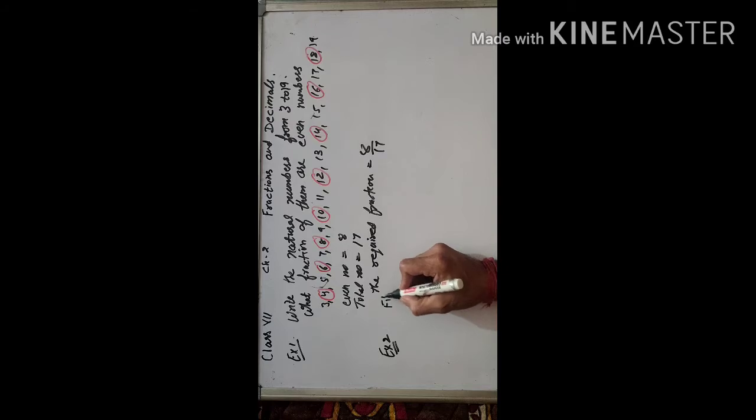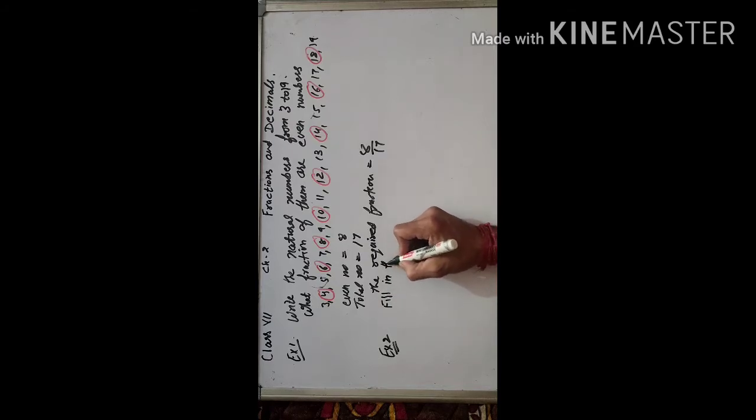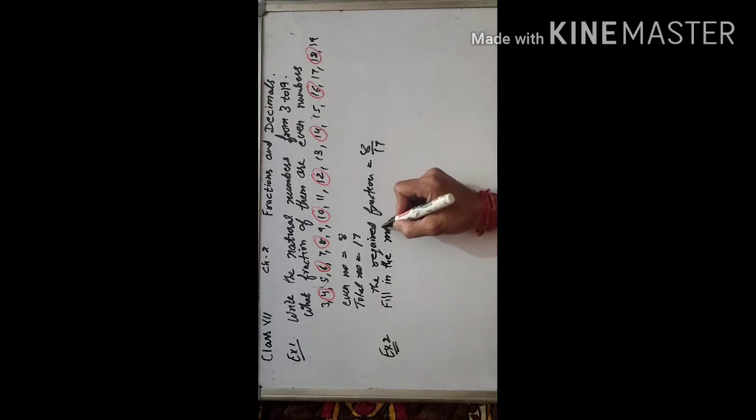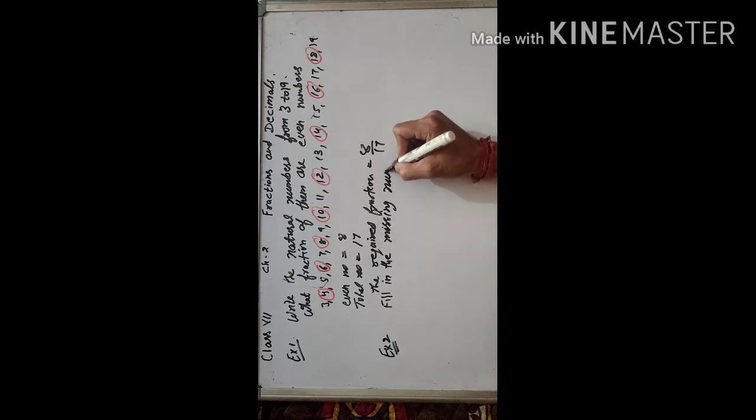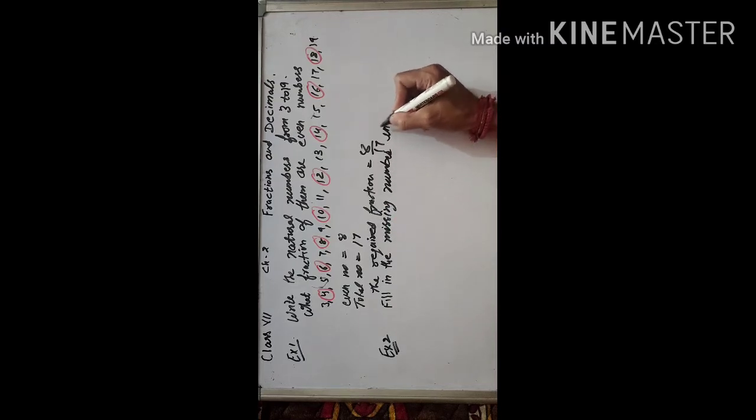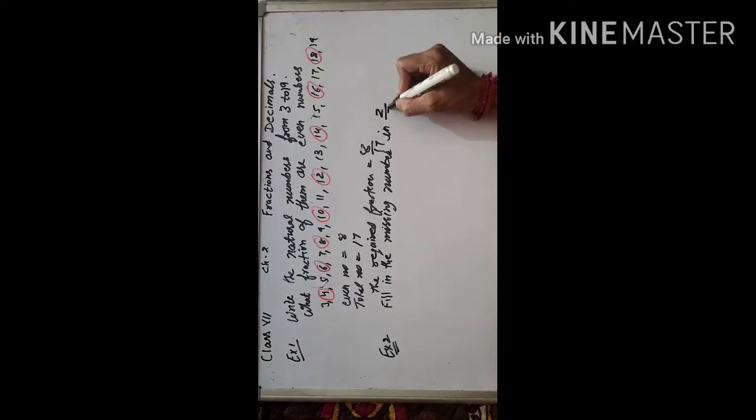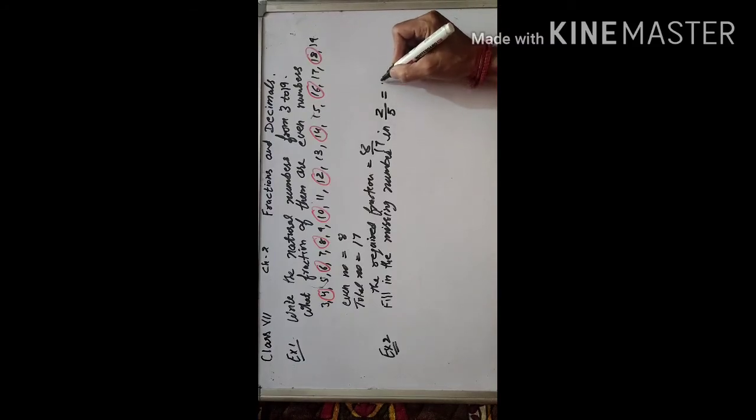Now example number 2 is, fill in the missing number in 2 by 5 is equal to blank by 45.